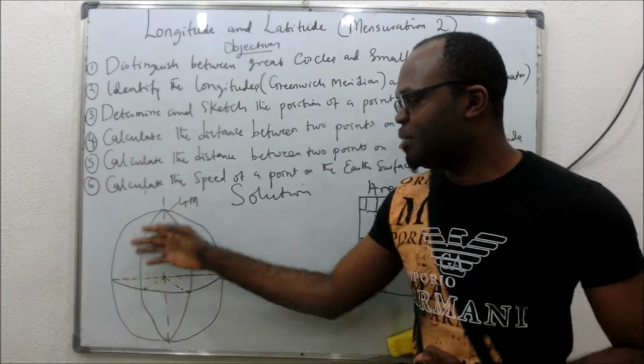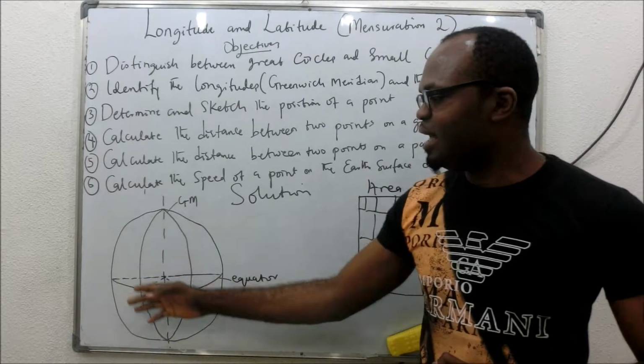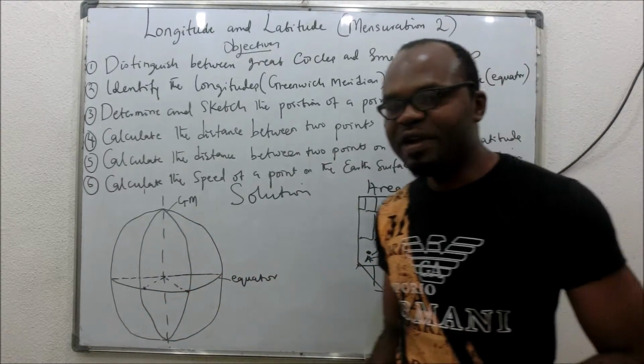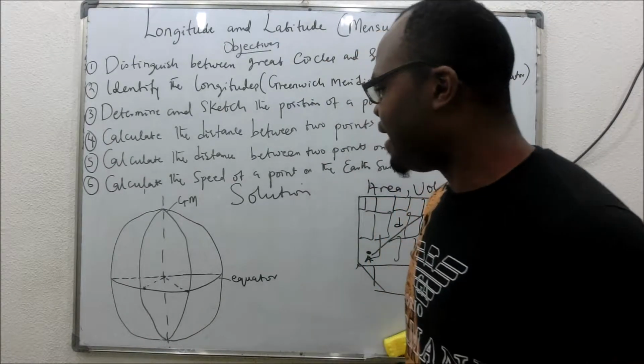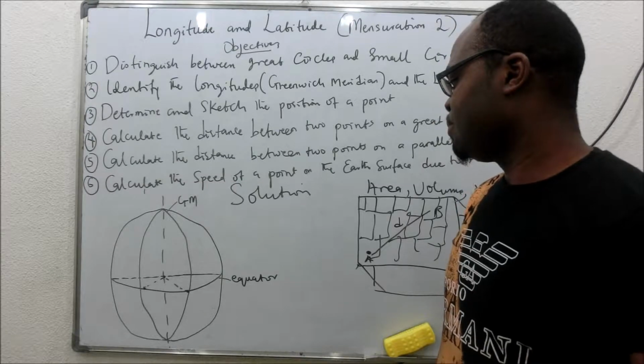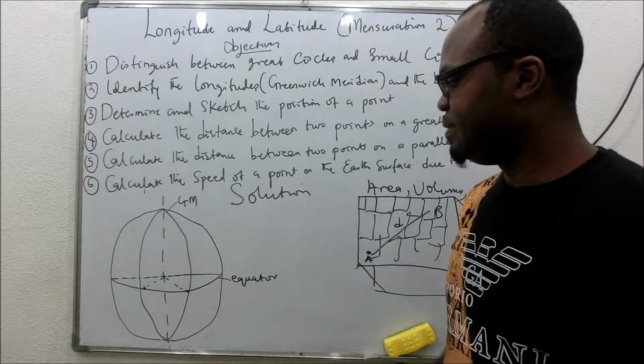Now, looking at the shape of the Earth as a spherical object, it is very important that we identify some important points on the Earth.